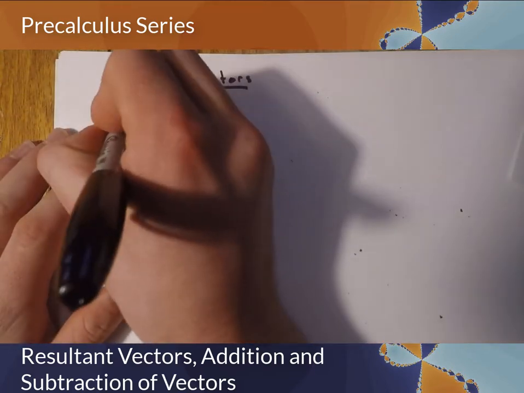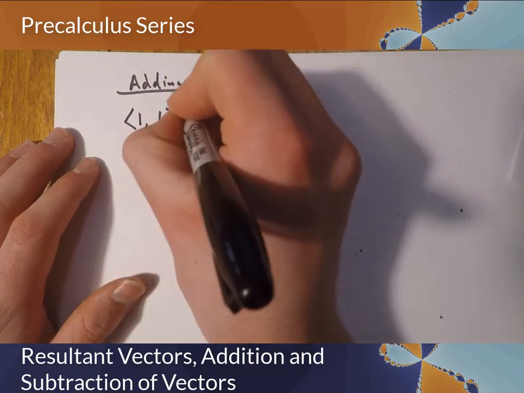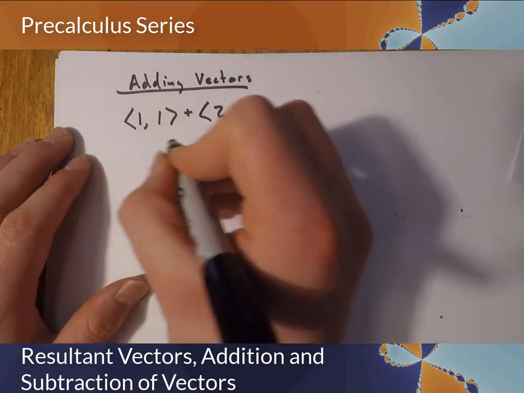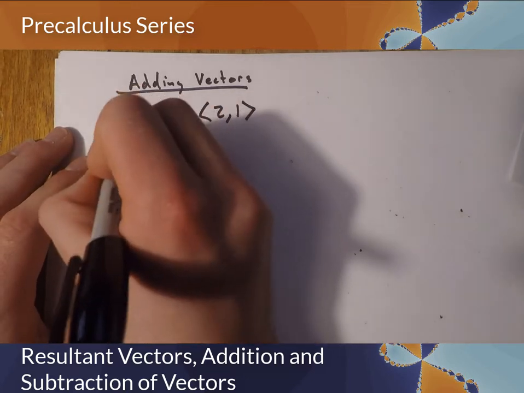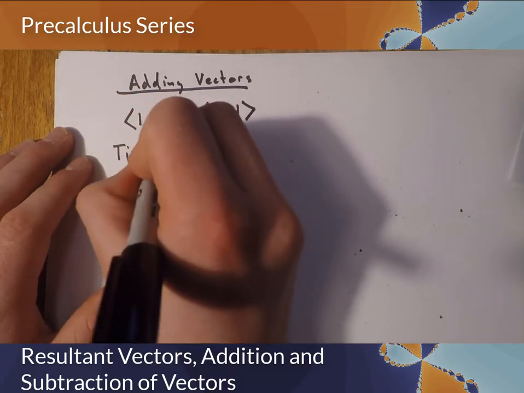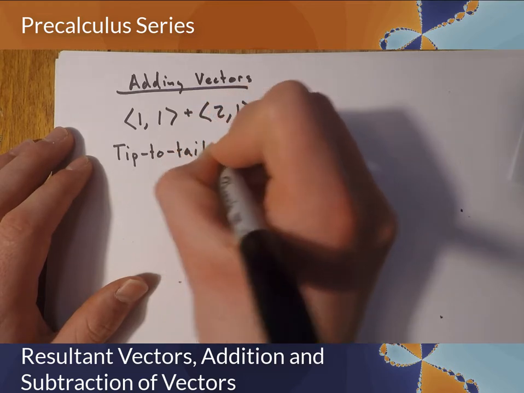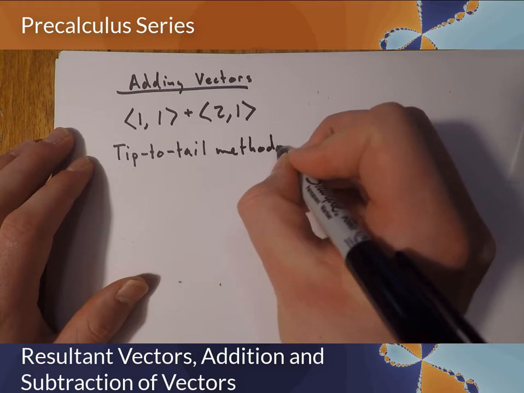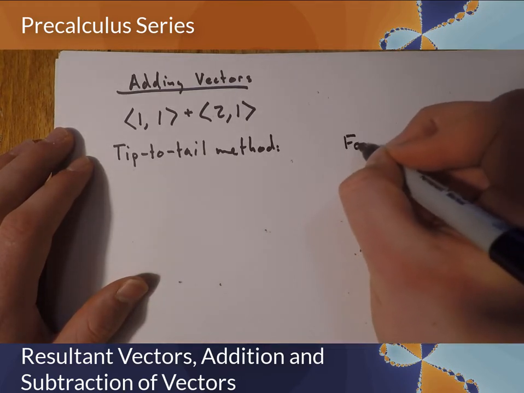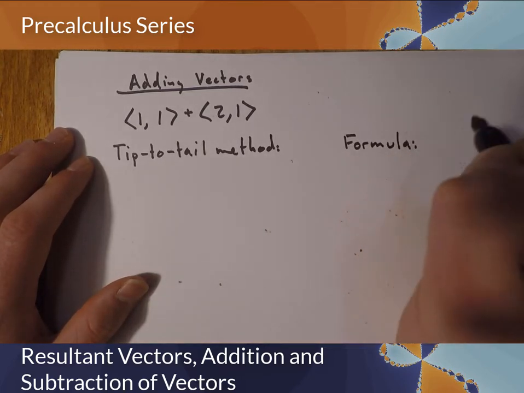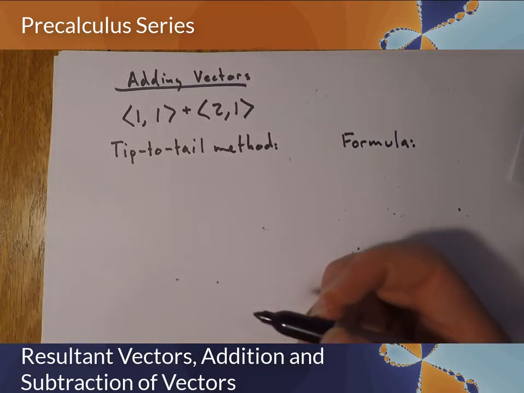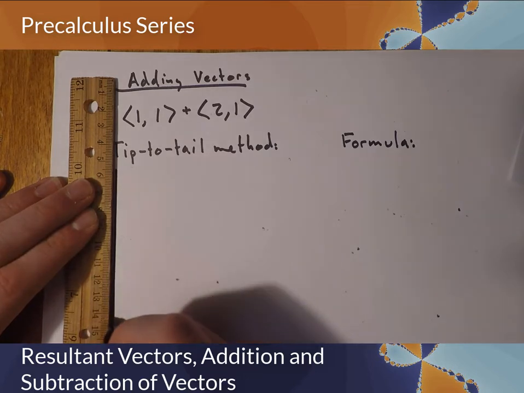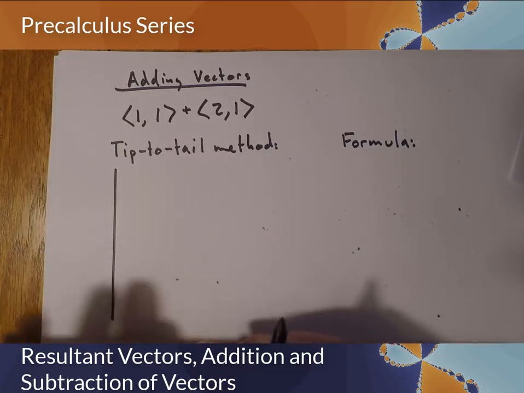If I had a problem like 1, 1 plus 2, 1, we could solve it in two ways. The tip to tail method, and you could just use a formula. I'm going to go through both ways in this video. The tip to tail method is the graphical, or geometrical, way to think about it.